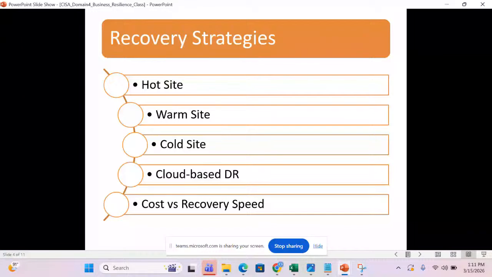All right. So what we are now saying is that from the position of risk, as an IT auditor, you need to ensure that the data you are backing up is reliable. And how do you ensure they are reliable? By properly testing them.